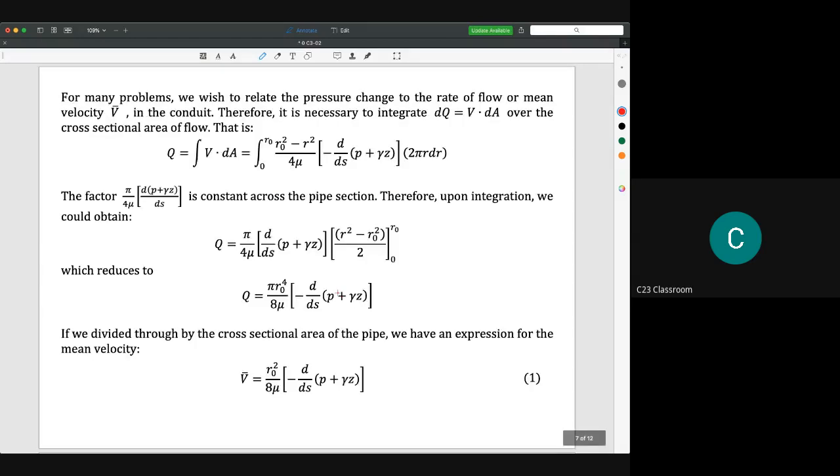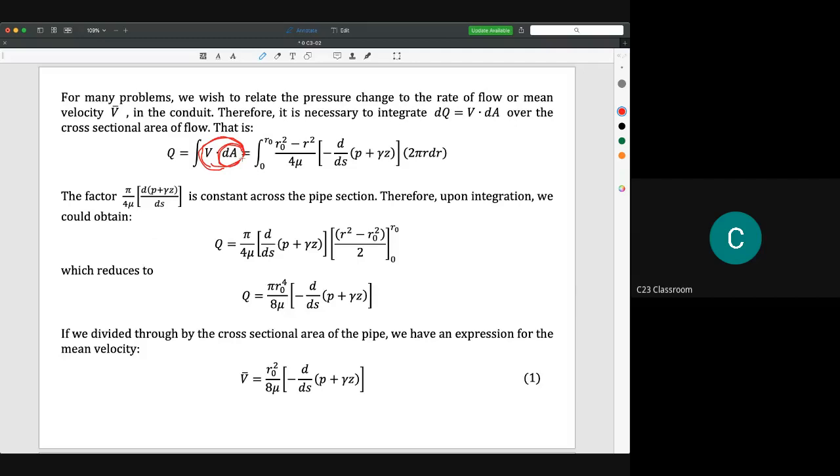This is the discussion, same as the Couette flow. We try to calculate the flow rate. I think you already know why we integrate V times dA. The dA here might be different from the Couette flow, because in Couette flow we just use dy, because our control volume is in rectangular shape.